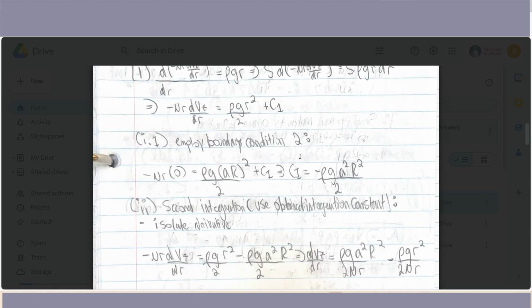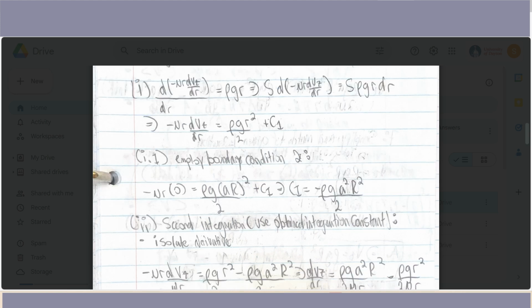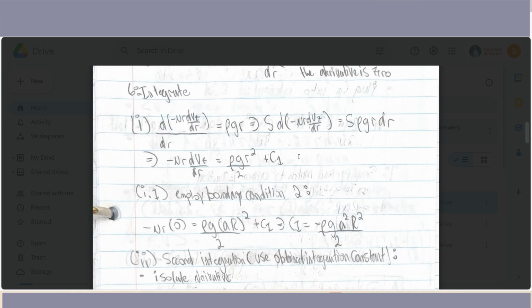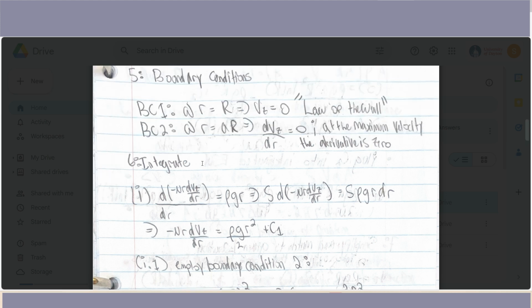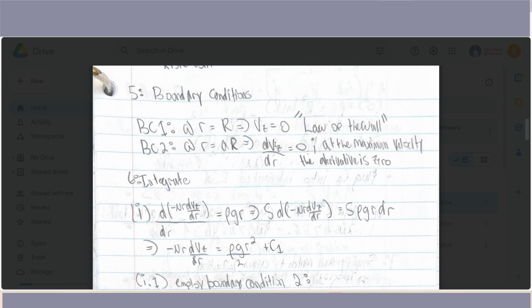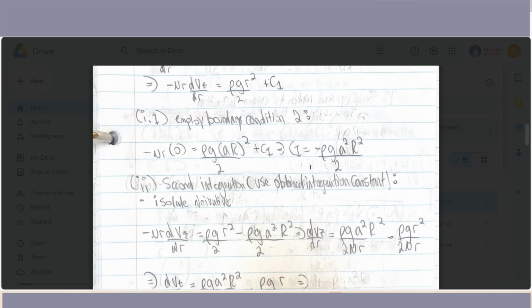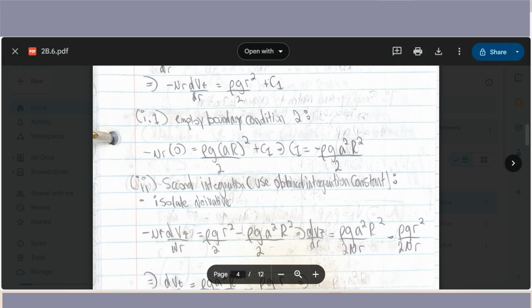All right. So, employing boundary condition 2, the second boundary condition, because we have dvz/dr available in this equation. Yeah, so second integration, we're... oh wait, no, you don't have to do any of that with the aR, because it fixes itself when you have this integration constant.